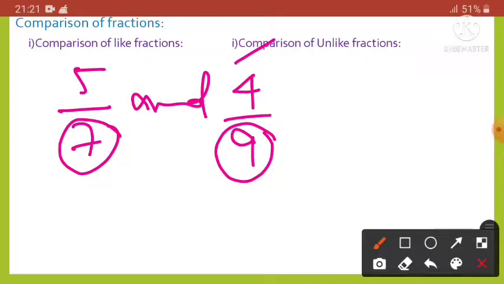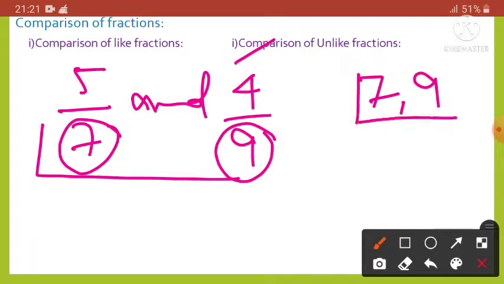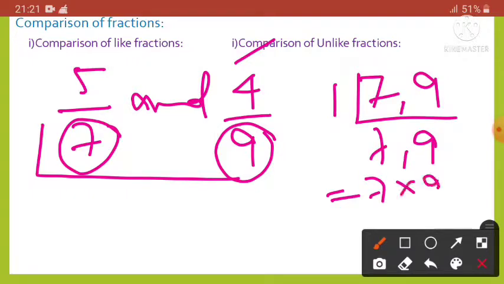So at first we have to find out the LCM of the denominators. If we want to find out the LCM of the denominators, it will be 7 into 9, that is 63. Okay, that is 63. So we have to make now the denominators of both the fractions as 63, as LCM is 63.